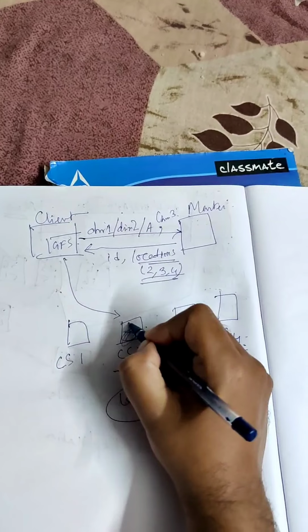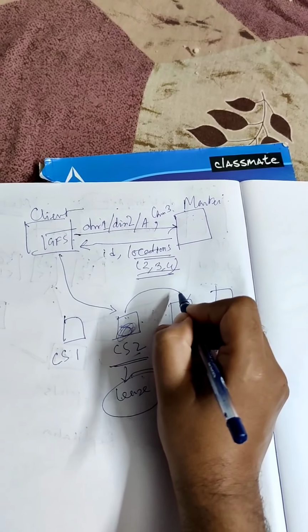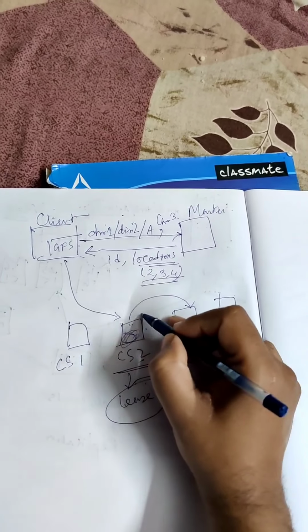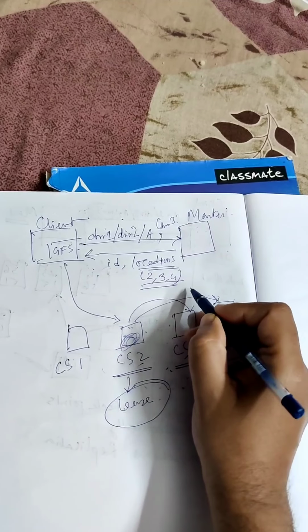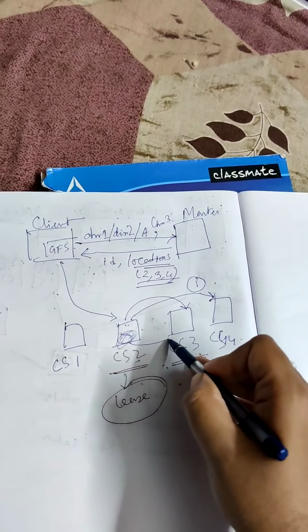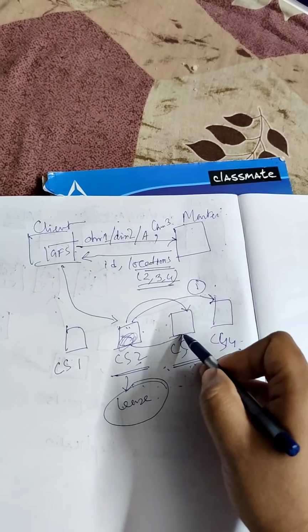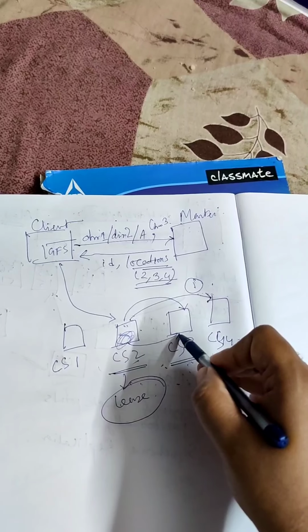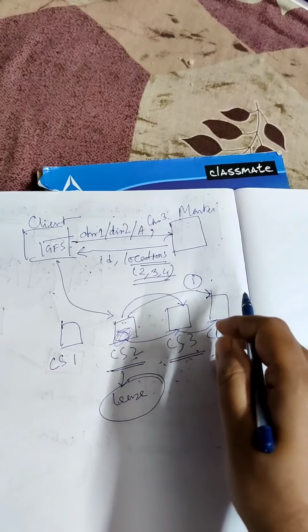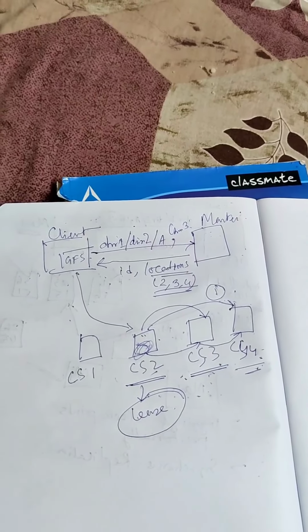Either this server can write in a propagate manner to chunk server 3 and chunk server 4. Another way is that he writes to chunk server 3, and chunk server 3 takes the responsibility to propagate it to chunk server 4. In this way also the propagation can happen.